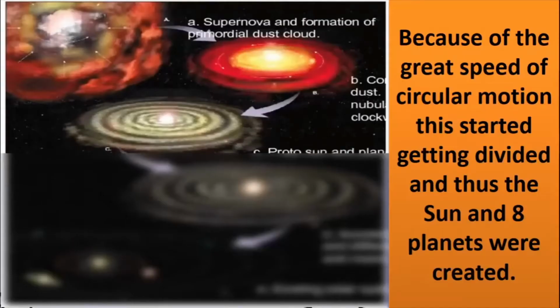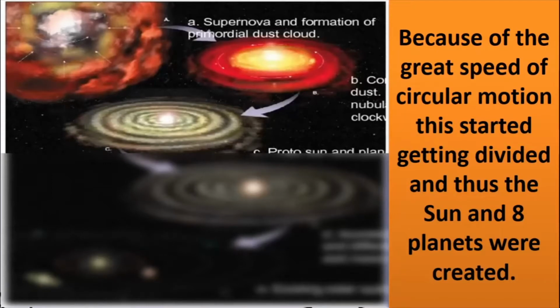And then, because the spinning was happening at great speed, this dust started getting divided into smaller pieces. Can you see here? This is the big ball of dust, and because of the spinning, it started getting divided into smaller pieces like this and smaller systems, and thus the Sun and the 8 planets were created.